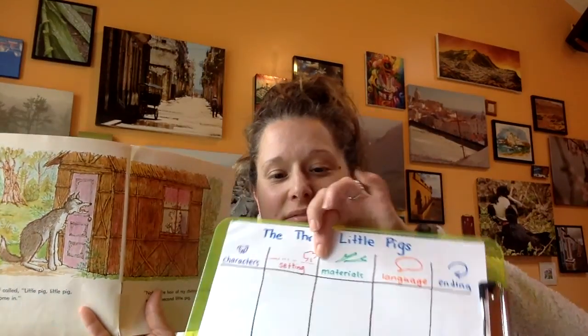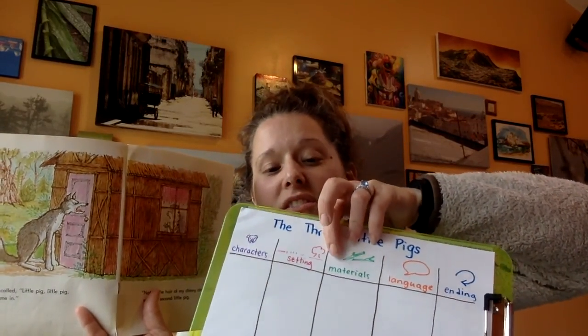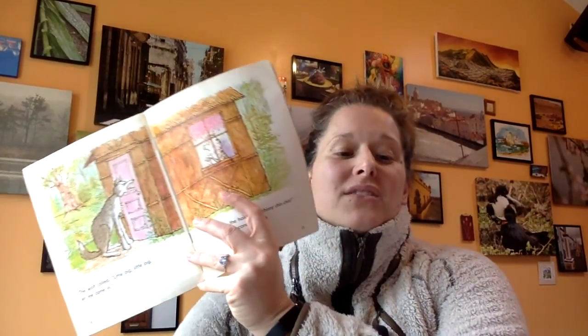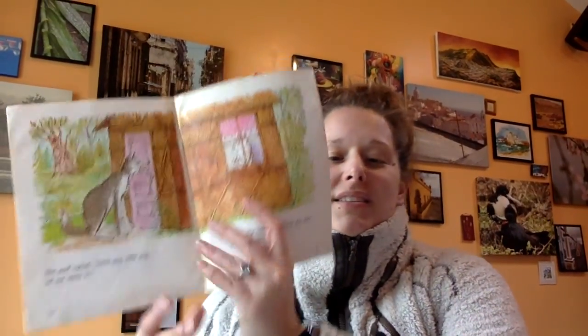The setting, you might not have had these conversations in your classrooms at school. So being able to figure out the setting of a story is really important, right? Is this taking place in a city? Is it taking place in the rainforest somewhere? Is it taking place underwater? Is it taking place in outer space? Is it taking place in a neighborhood? So let's look for some clues and see if we can figure out where this is taking place.